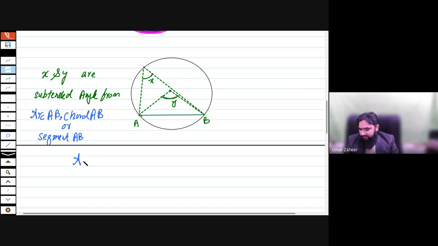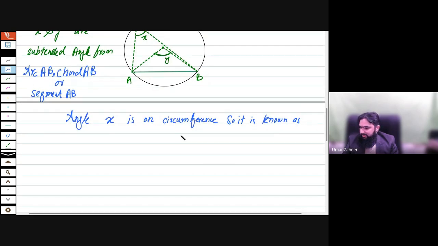Angle X is on the circumference, so it is known as the circumference angle, or circum angle.